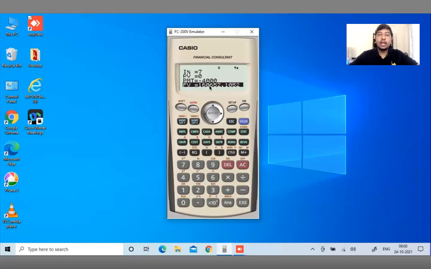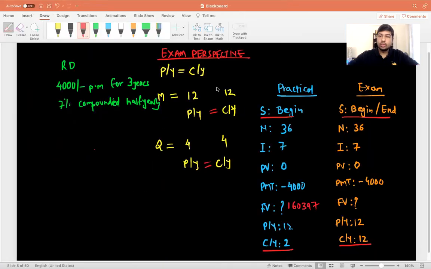You are getting 1,60,652. There is a marginal difference in the answer because of the compounding frequency. So from an examination perspective, this is your answer. From a practical perspective, this is your answer because you're taking into account the compounding frequency as given in the actual scenario.